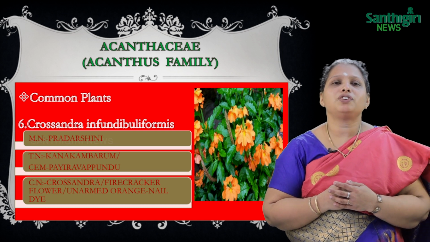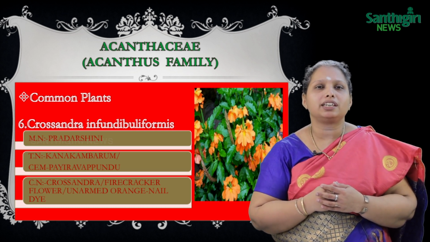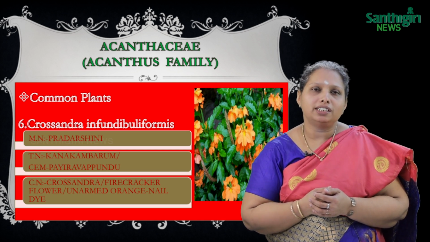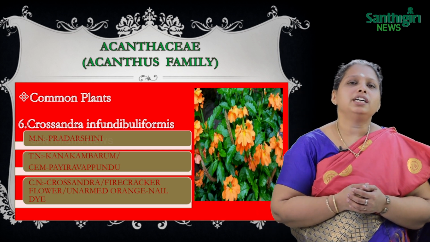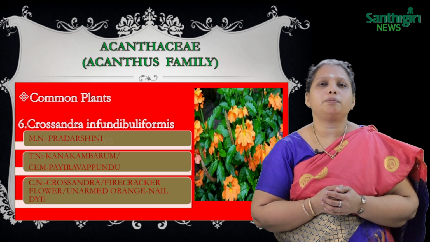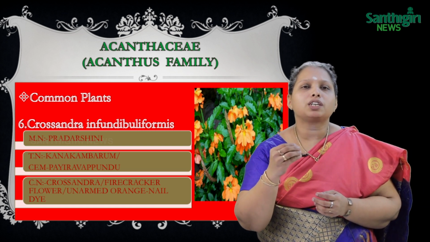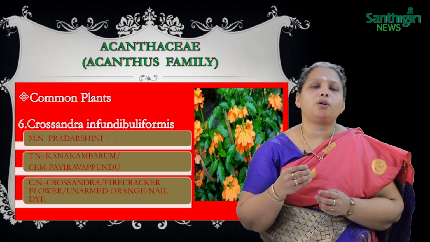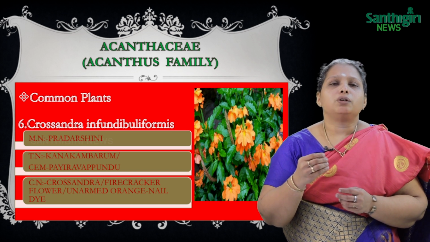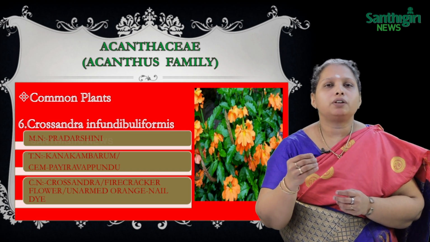Then the next plant I shall announce is Crossandra infundibuliformis. It is a favorite flower for girls, that is Crossandra, Kanakambaram. The Malayalam name is Pradarshini and the Tamil name is Kanakambaram or Sempairava Punda.